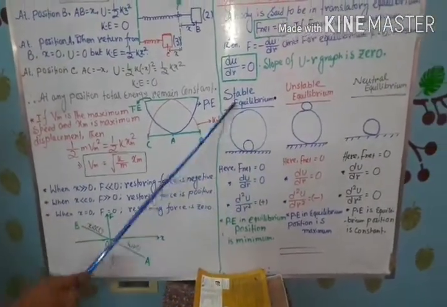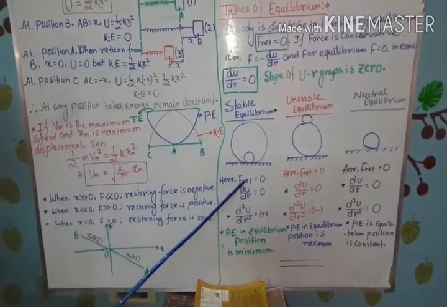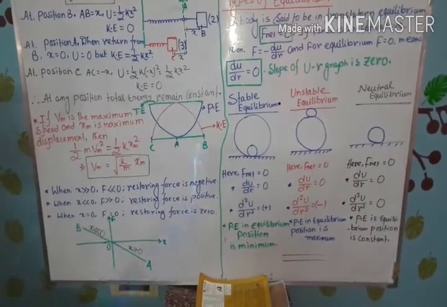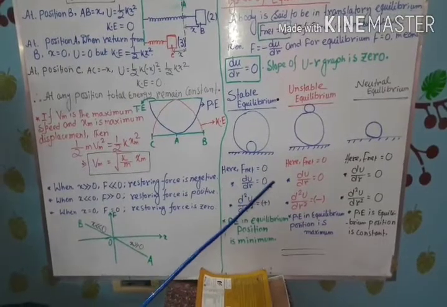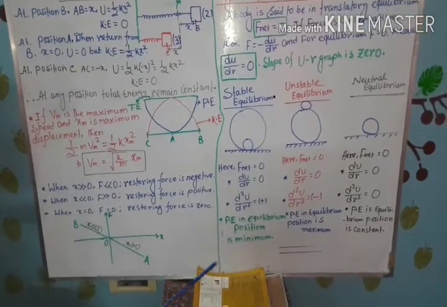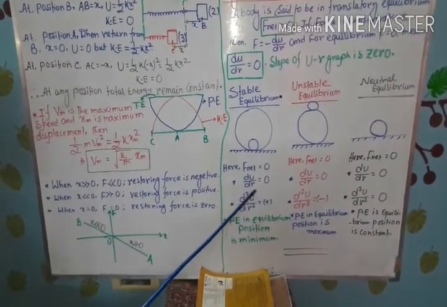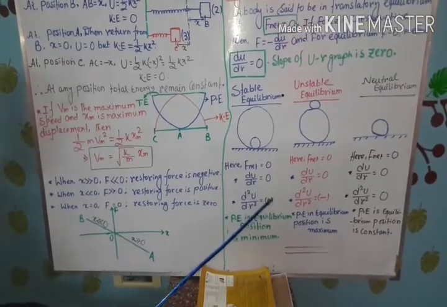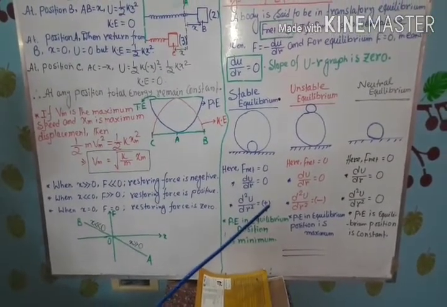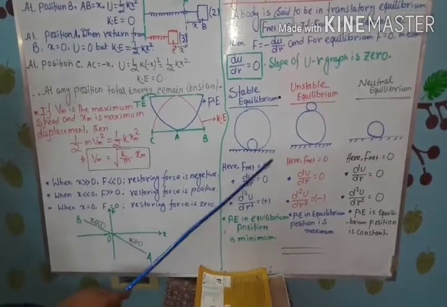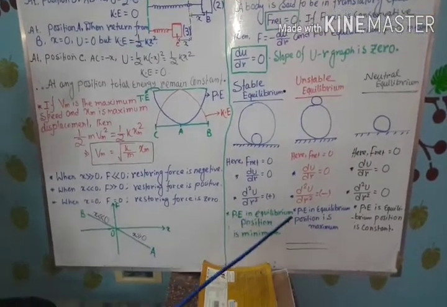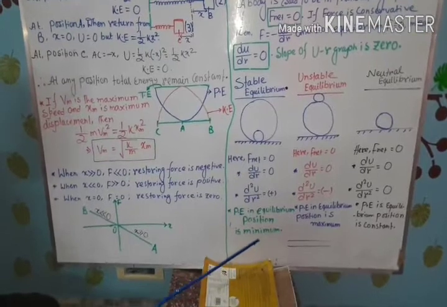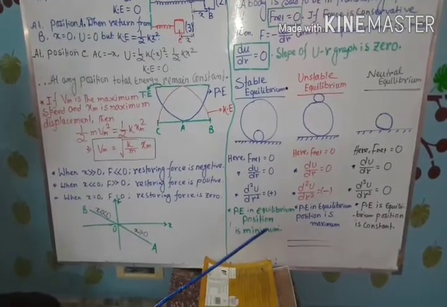Now see the situation of stable equilibrium. F net is equal to 0, dU by dr is equal to 0, and the double differentiation of potential energy with respect to position is positive. During stable equilibrium, in the equilibrium position, the potential energy is minimum. You have to remember this.